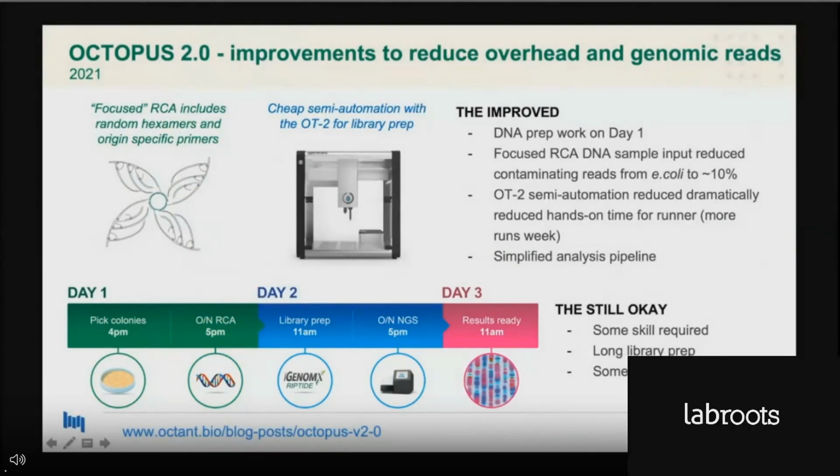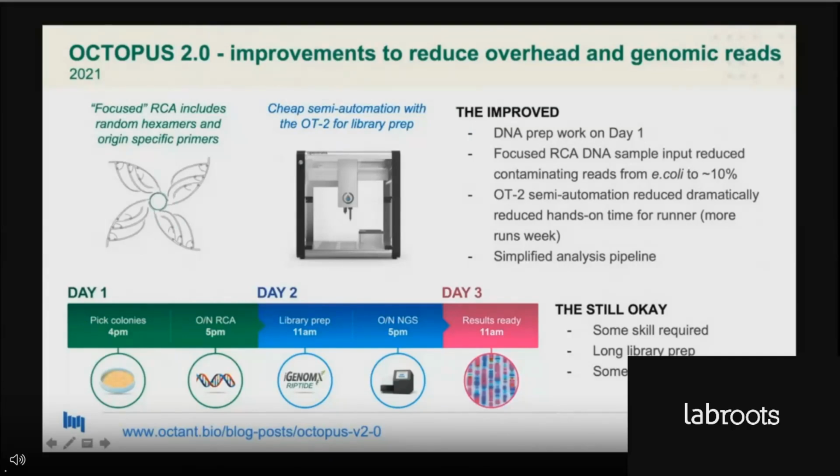One major change was the onboarding of rolling circle amplification to replace the older cell lysis sample prep method that we had. Modifying RCA with the addition of plasmid-specific primers greatly improved the quality of our sequencing by reducing the amount of gDNA contamination.